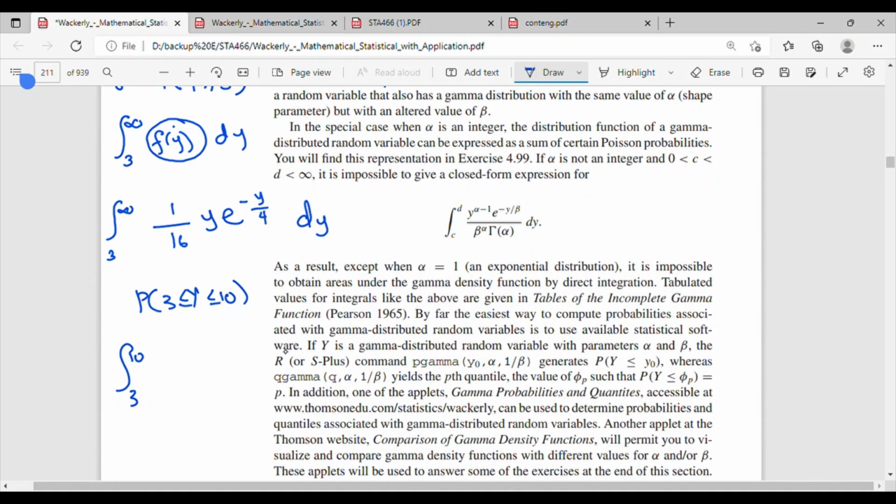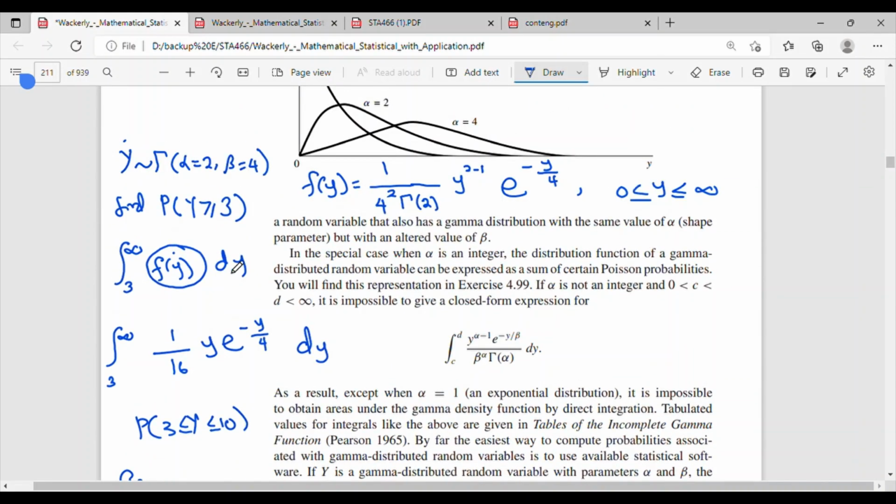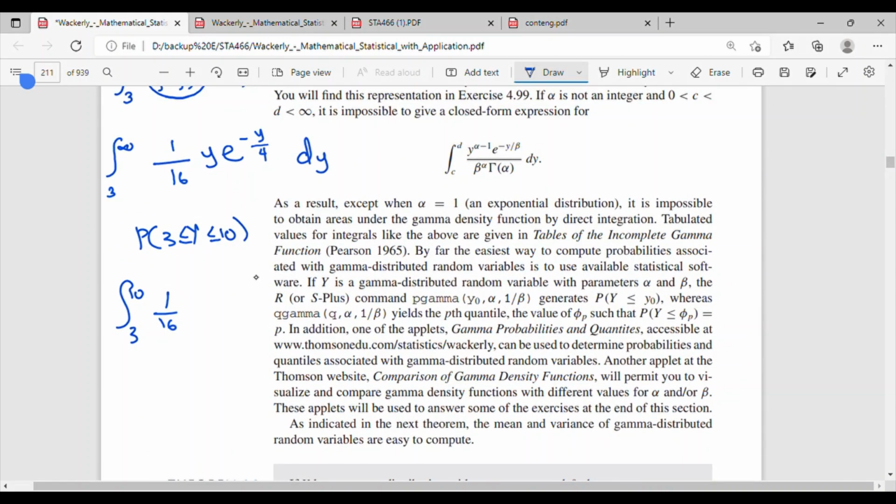Which function do we integrate? The same function as before, because y comes from a gamma distribution with the parameters, for example the earlier 2 and 4. So integrate this one. You have to check the parameters for the gamma first, then you can write down its density function, and then you can integrate. Okay.